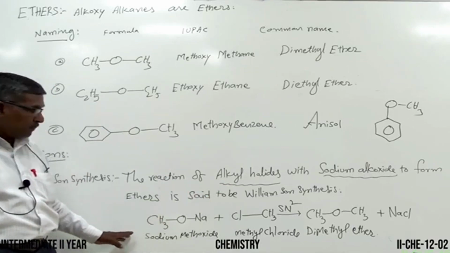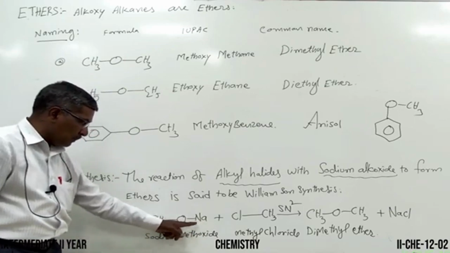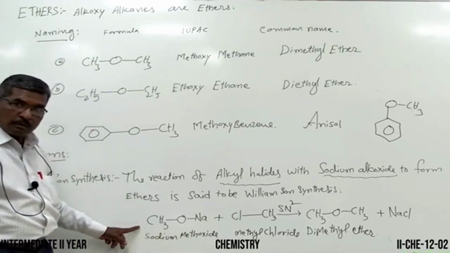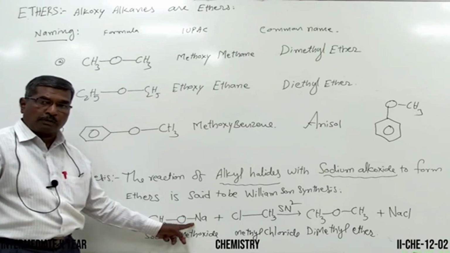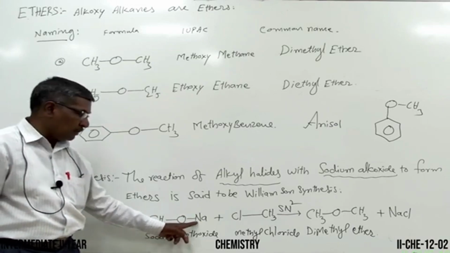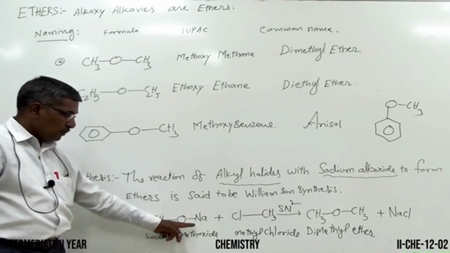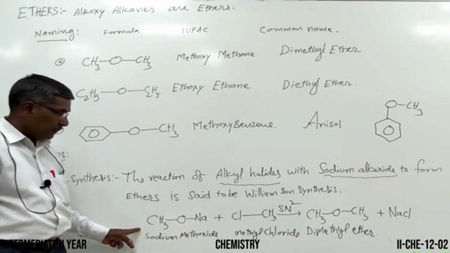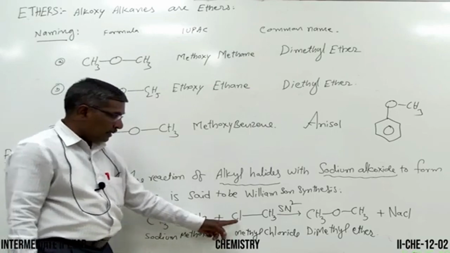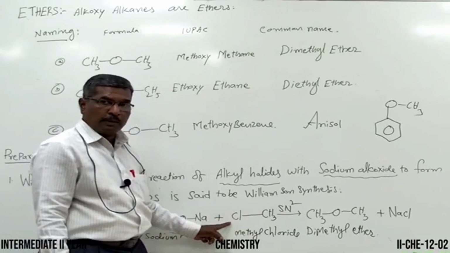This is an example. See, sodium methoxide: this is sodium, this is methoxide. In the place of sodium, if there is a hydrogen, it will be methyl alcohol; in the place of hydrogen, we substitute sodium. Sodium methoxide comes under the group of sodium alkoxides. It reacts with methyl chloride. For convenience, I have written chlorine on this side.